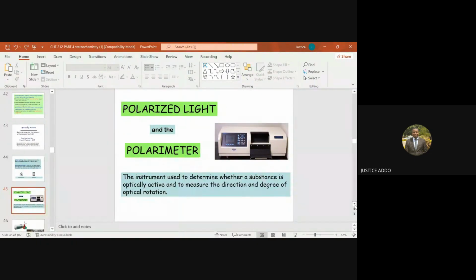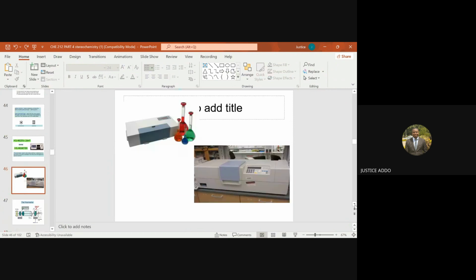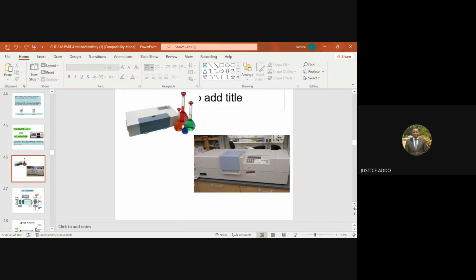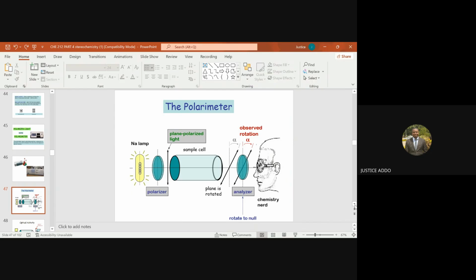Now, you can find this instrument in the chemistry lab and even in the physics lab. The details of its operation are all captured here, which, for time's sake, I will not take you through. And you see the polarizer, you see the plane polarized light here, then the sample cell, and then when there's rotation, you can observe it using the analyzer.